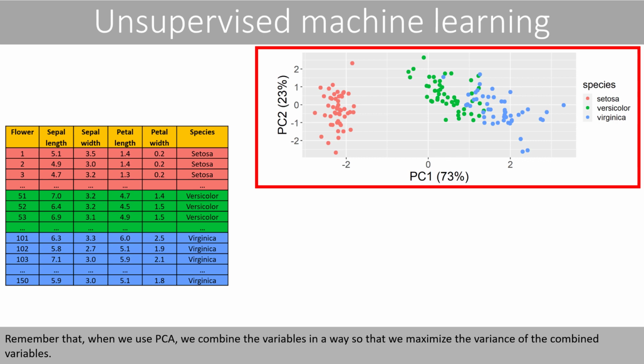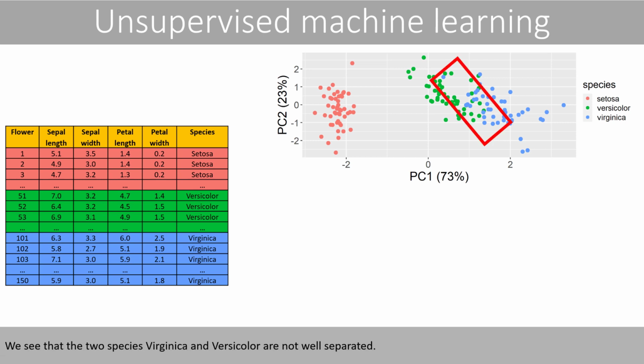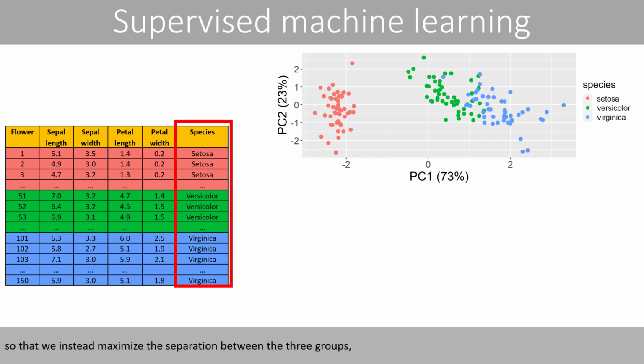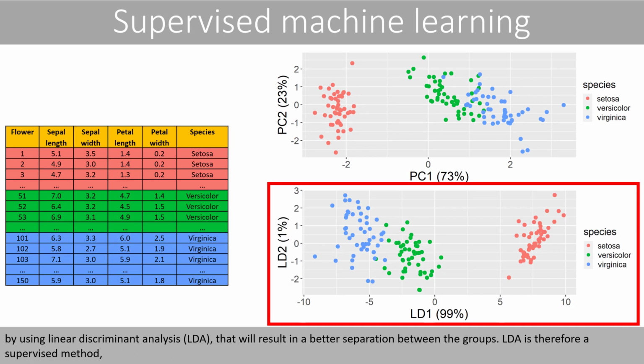Remember that when we use PCA, we combine the variables in a way so that we maximize the variance of the combined variables. We see that the 2 species, virginica and versicolor, are not well separated. If we would instead combine the variables in a way so that we maximize the separation between the 3 groups by using linear discriminant analysis, LDA, that will result in a better separation between the groups.